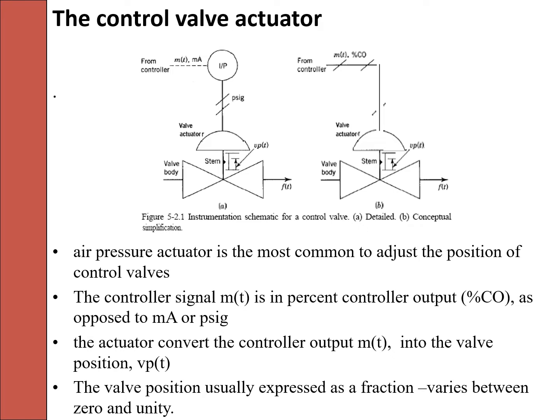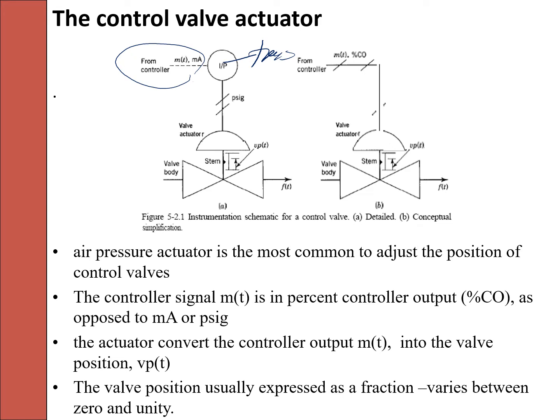So these are the symbols of the control valve. We have two types, which are the detailed one and the conceptual simplification. Here you can see that the signal from the controller is an electrical signal because of the dashed line, and then there's a transducer. This transducer will convert the electrical signal to the pneumatic signal.